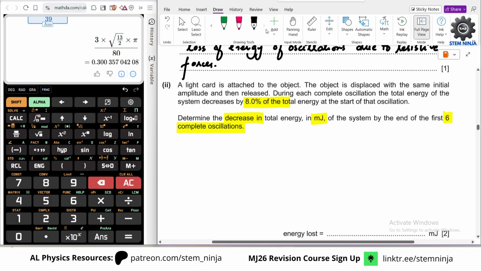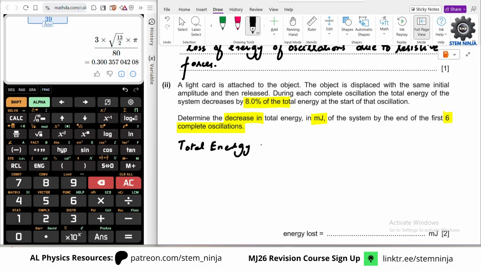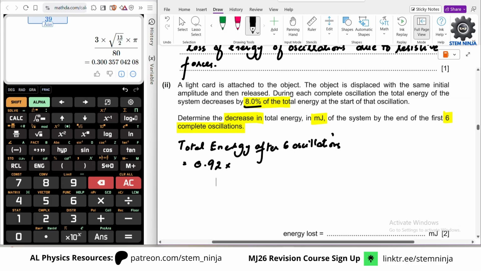So what you can do is figure out the total energy remaining after 6 oscillations. This is like a compounding percentages problem. It decreases by 8%, so you still have 92% times the total energy.